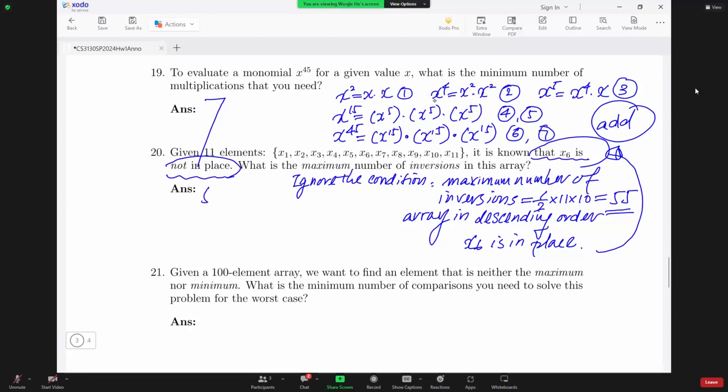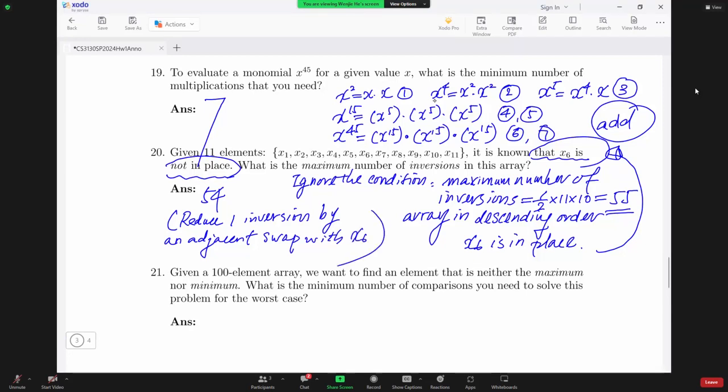So your answer is 54, 1 fewer, because you only reduce 1. So reduce 1 inversion by an adjacent swap with x6.